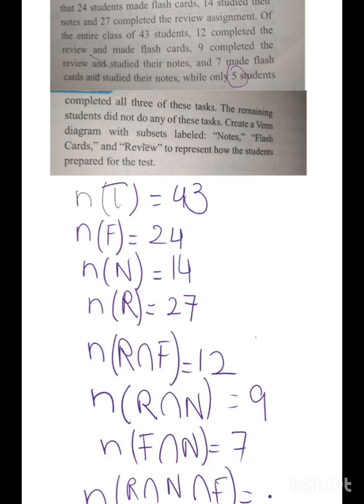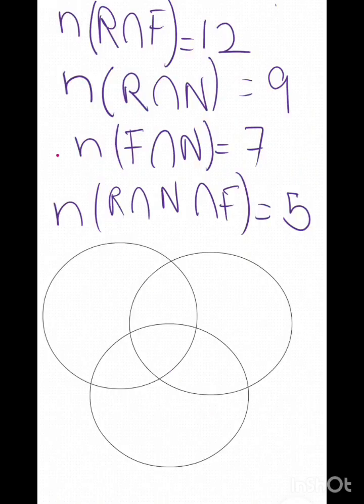So we need to find out how to draw the Venn diagram. So let's make the Venn diagram of all these three overlapping sets. I have made 3 circles. This is flashcards. The other circle is notes.